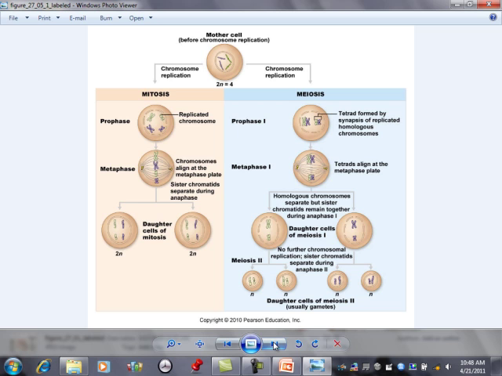And what's that? Replication of the cellular organelles. So then, at the end, I'm going to end up with what? 2 daughter cells that look just like those guys up there.